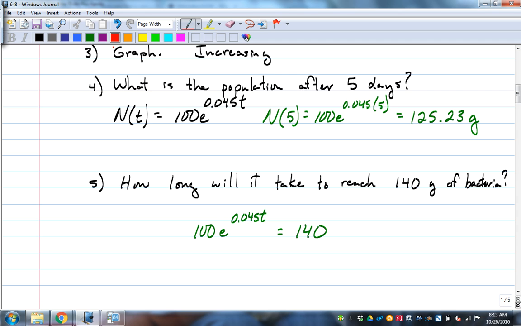Technically it's 140 grams. So what do we do to solve that? Divide by 100. e to the 0.045t is equal to how much? 1.4.